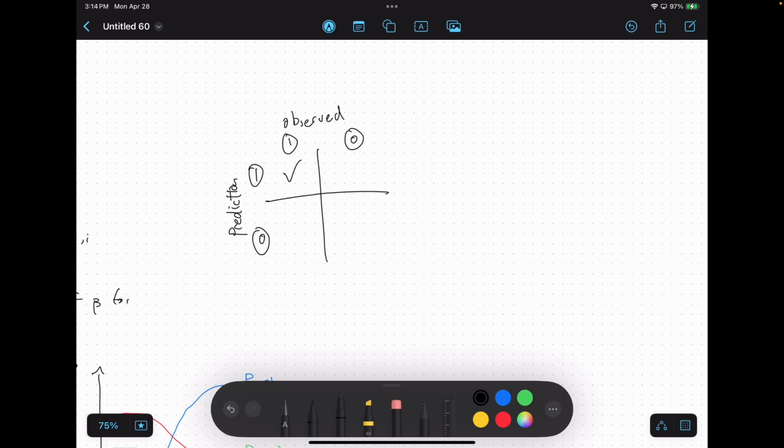You could make the wrong prediction for a particular observation, and this is some kind of error. You have a different type of error here. And this one would be a check mark, right? This would be correct.